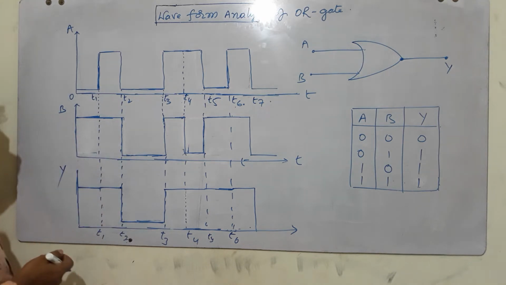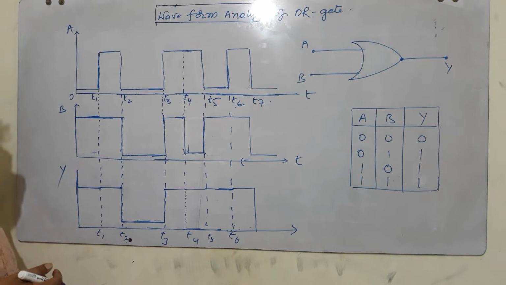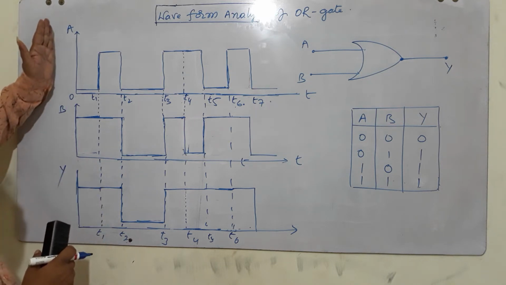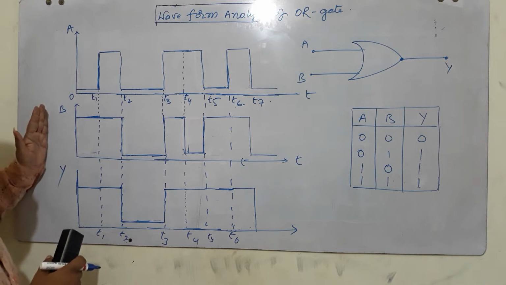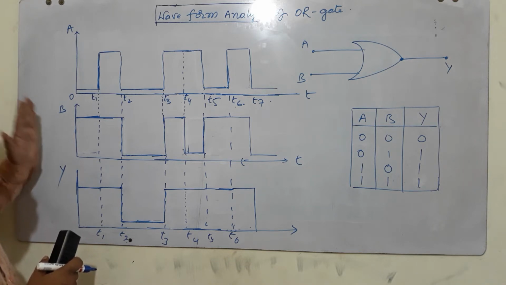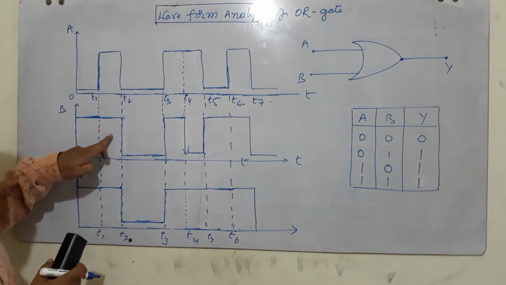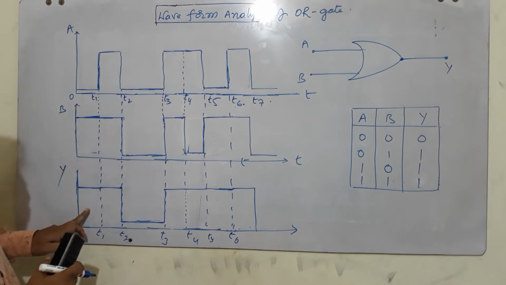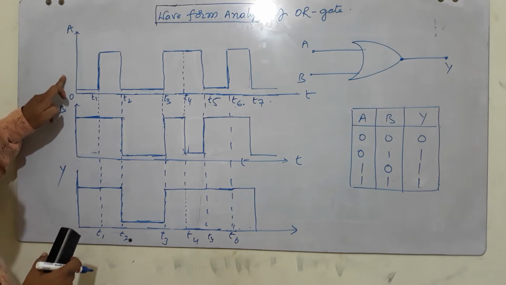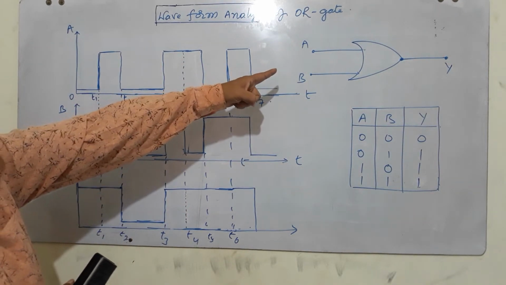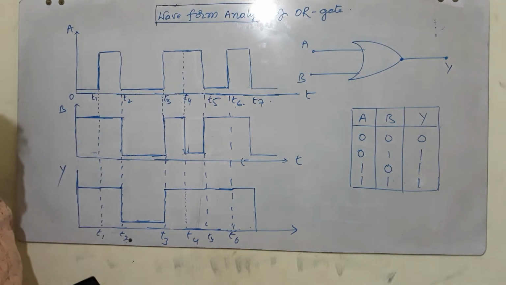In this way, we can predict the output waveform for the OR gate. A and B are taken as low and high according to the amplitude. The output is derived from the truth table of this OR gate.